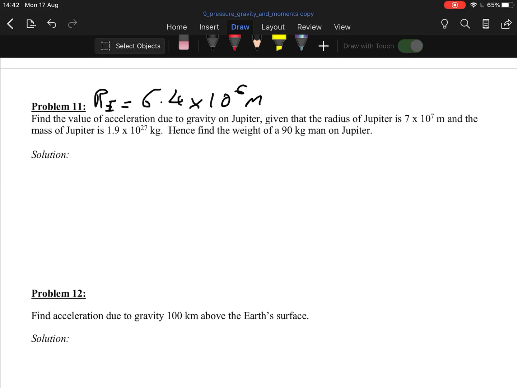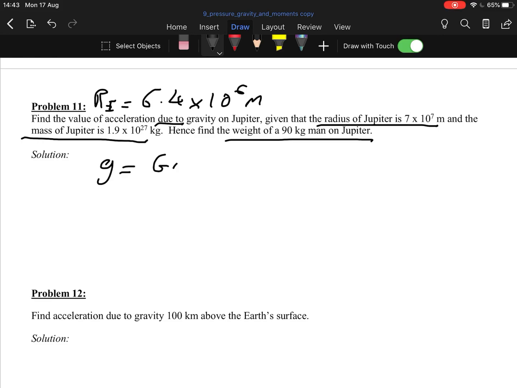So find the value of acceleration due to gravity on Jupiter, given the radius of Jupiter and the mass of Jupiter. Hence find the weight of a 90 kg man on Jupiter. In other words, we have to find g, and we know that g equals GM over d squared.